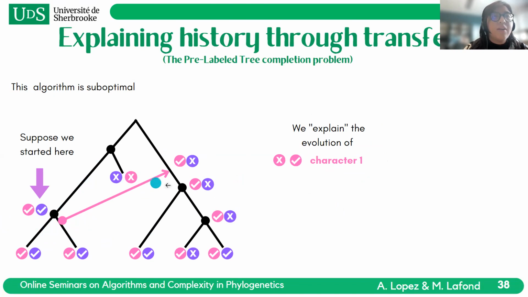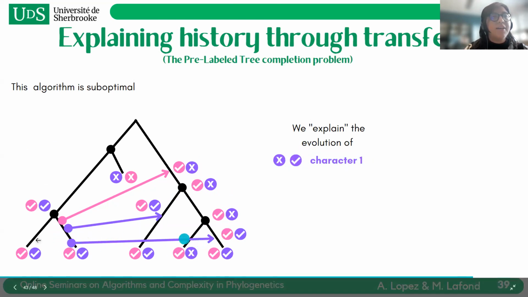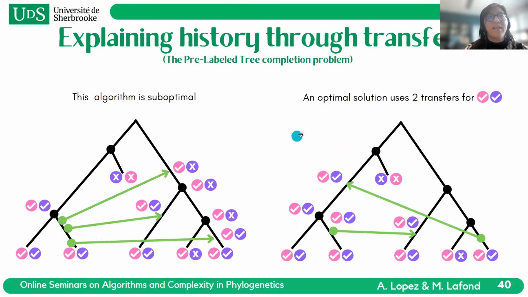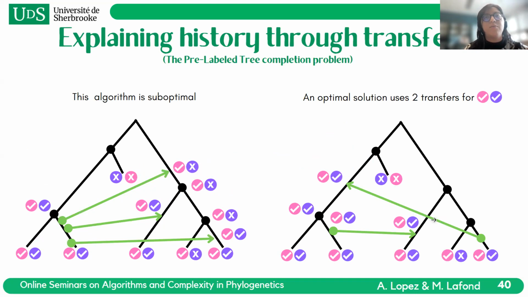If we look for the other first appearance node, which would be here, then we will create some sort of path between them. Then when we try to explain the evolution of the purple character, we will end up adding 2 additional transfers in here. In this way, we are using 3 transfers, whereas an optimal solution uses 2 transfers for these characters. This is only due to the randomness of our algorithm.